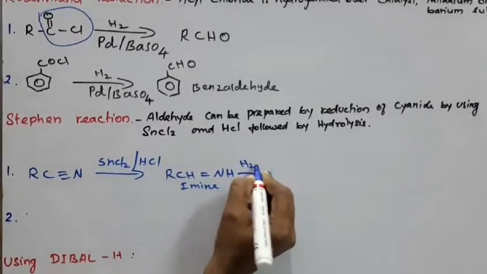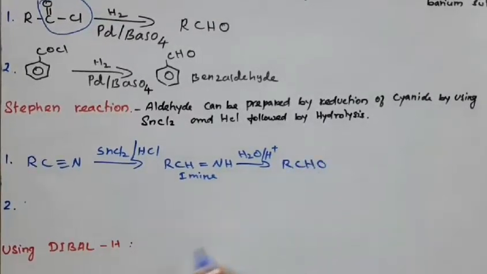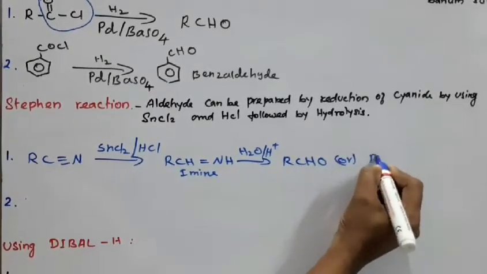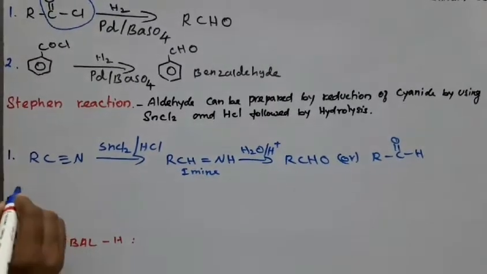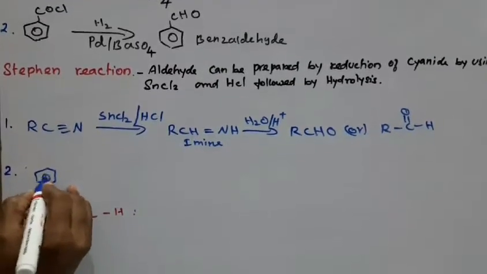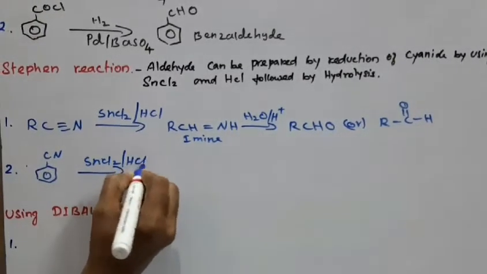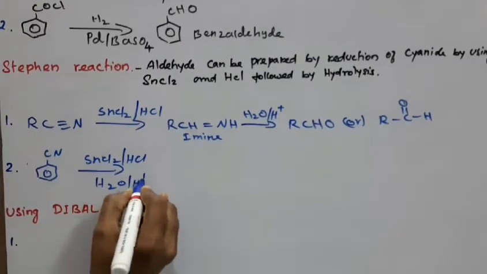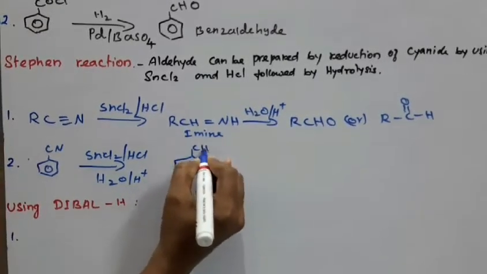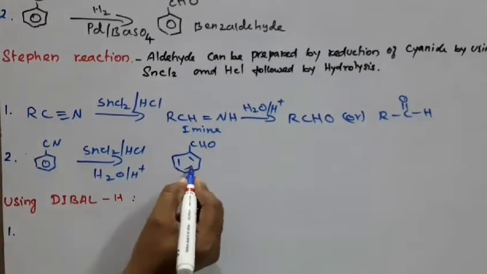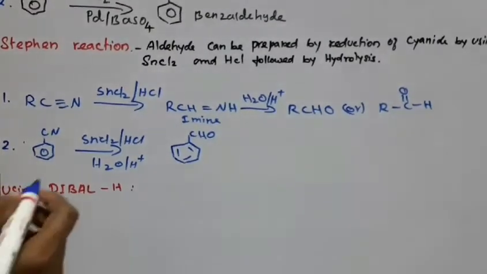This imine then undergoes a hydrolysis reaction in acidic medium to produce aldehyde, RCHO, or you can also write it as R, C double bond O, H. Now suppose aryl cyanide: in the presence of SnCl2 and HCl followed by H2O in acidic medium, it forms benzaldehyde, an aryl aldehyde. This is called the Stephen reaction.